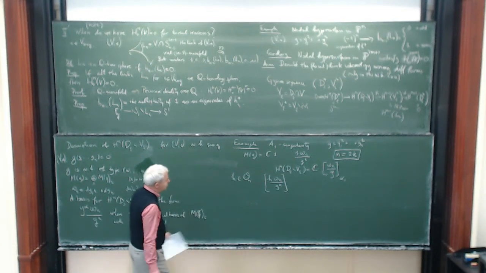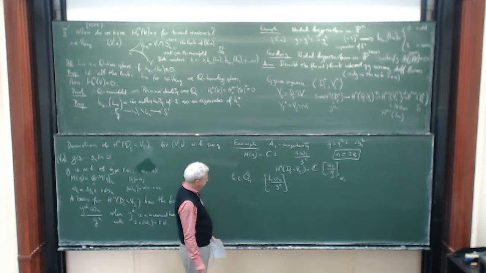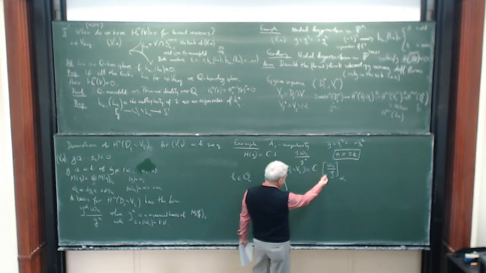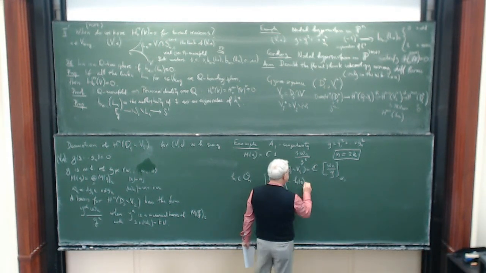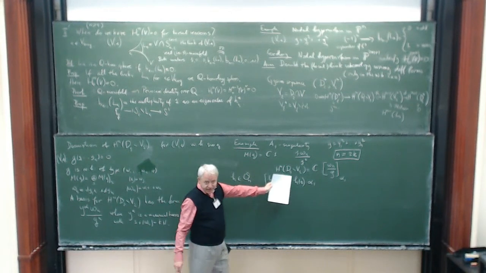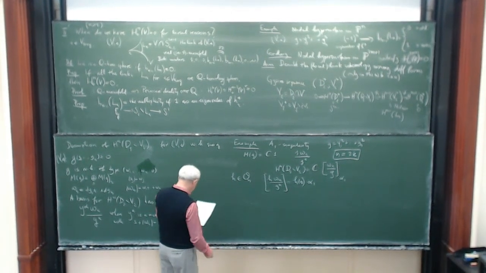I can take the cohomology class of this form here, and I can ask what is the relation between this cohomology class and the generator, and the answer is that this is given by this formula. In other words, I have to evaluate H at the origin and multiply with the generator.